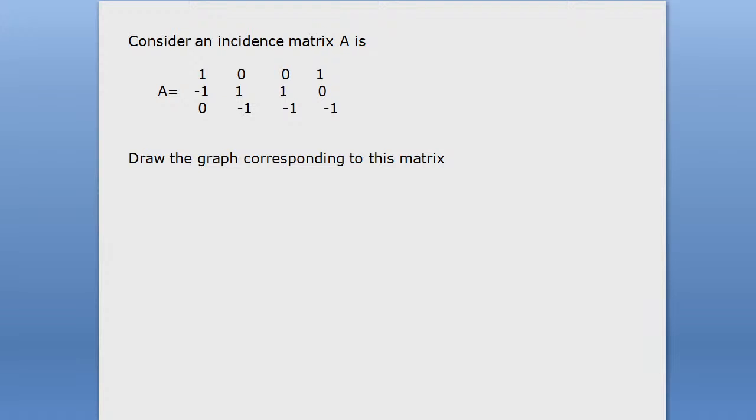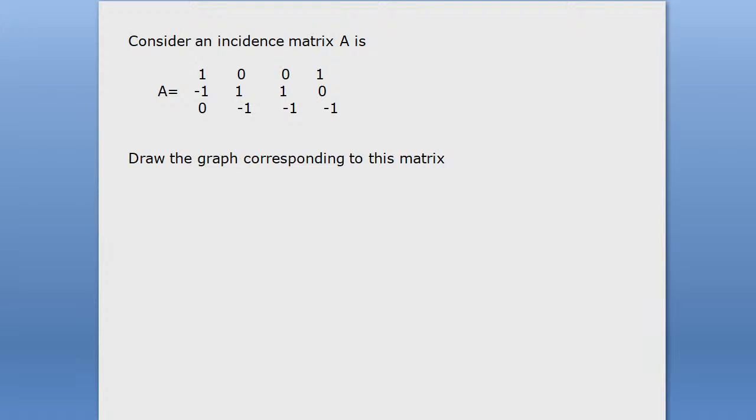After that we calculate the values of the elements. To do that we first look at the incidence of a branch to any node.